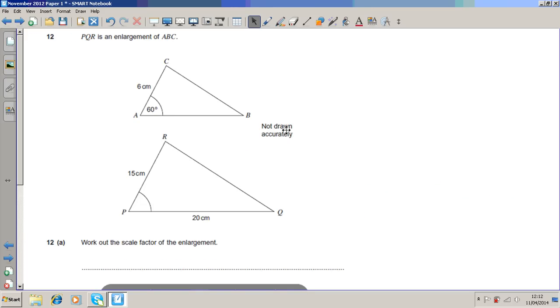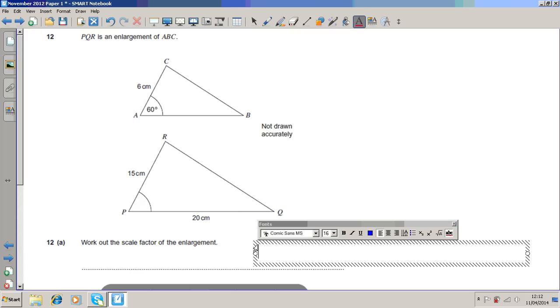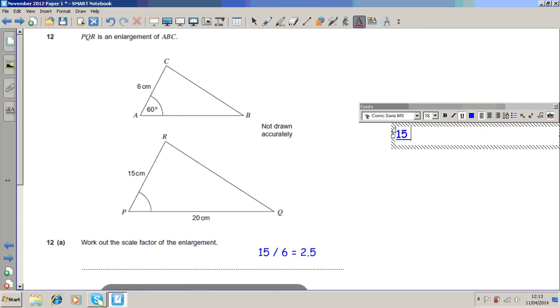PQR is an enlargement of ABC. Work out the scale factor of the enlargement. Well, that's quite easy, you just divide the two numbers. So this length here is 15, and the equivalent length is 6 on that one. So 15 divided by 6 is your scale factor, which is 2.5. Again, you can do that using fractions.